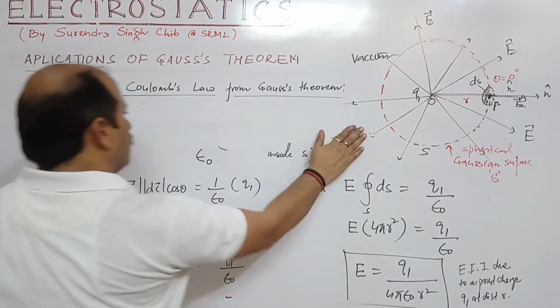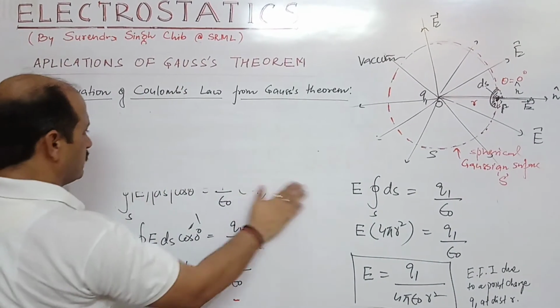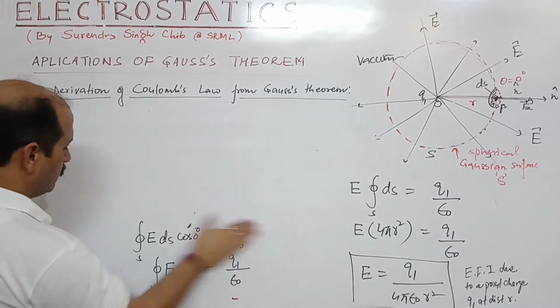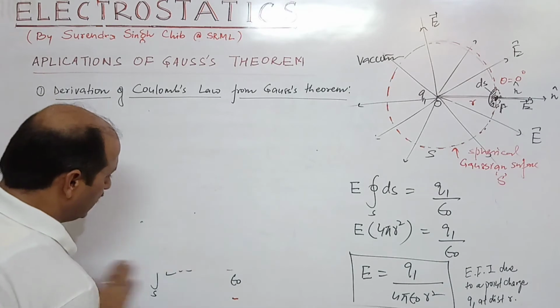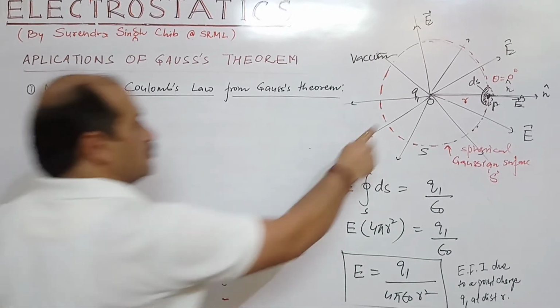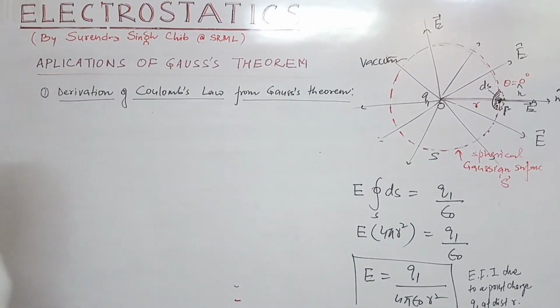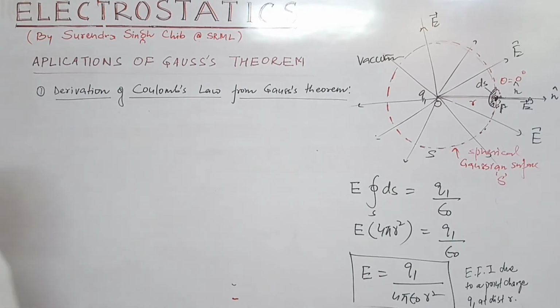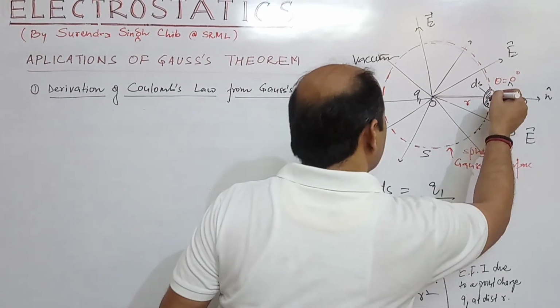Now to derive Coulomb's law we need another charge, because how many charges are there in Coulomb's law? Two. We have taken one, Q1, here it is Q1. Now let us take the second charge as well. Let us consider there is another charge Q2 placed here.